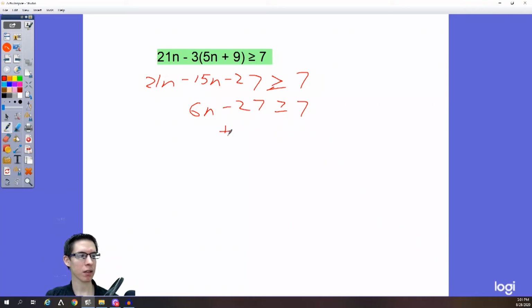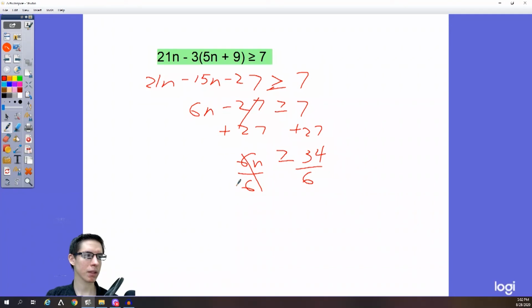Let's add 27 to both sides. And we've got 6n greater than or equal to, and that's going to end up being 34. So 6n greater than or equal to 34. Got to divide by 6.